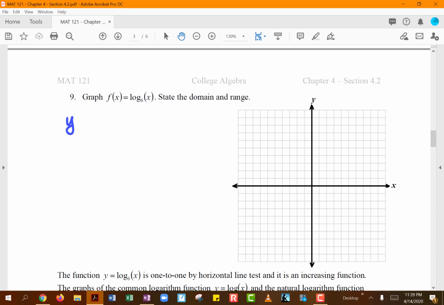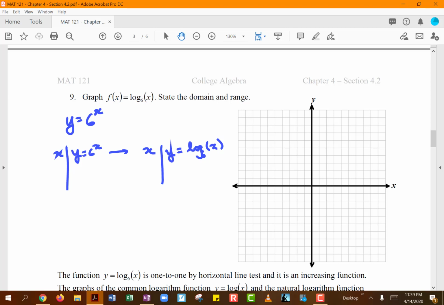So you graph your exponential function, create your x and y table, and then what we do is we switch the x and y table from the exponential function to get our logarithmic function. And that's actually how you end up graphing these log functions is first by starting with the graph of the inverse function, which will be the exponential function here.